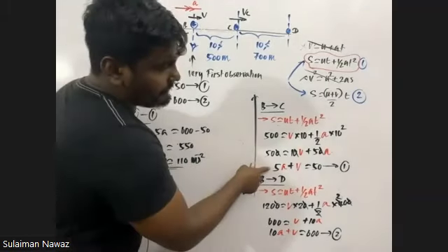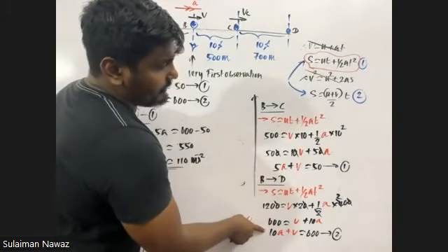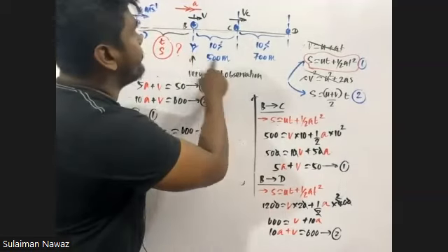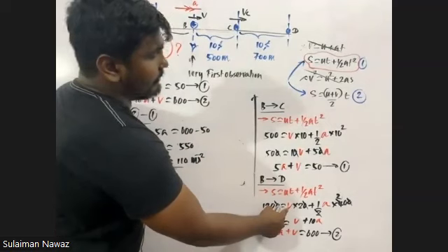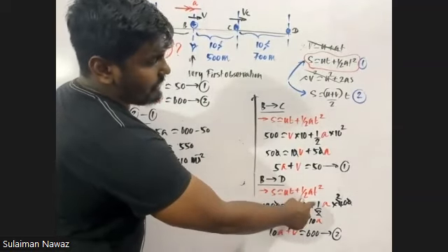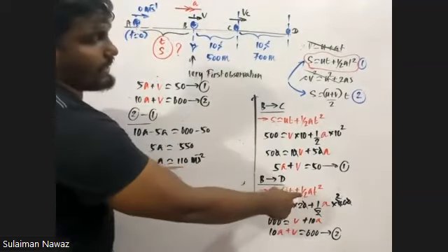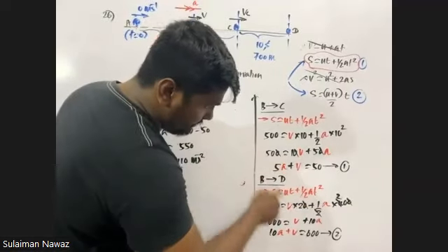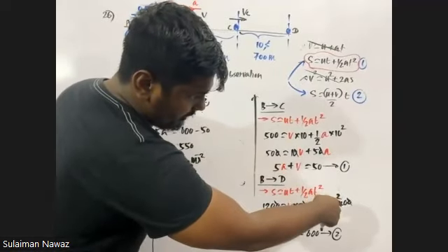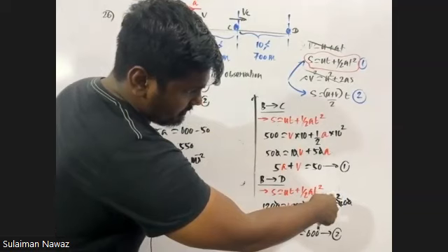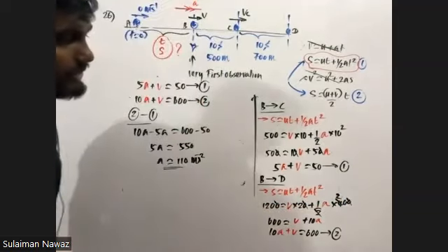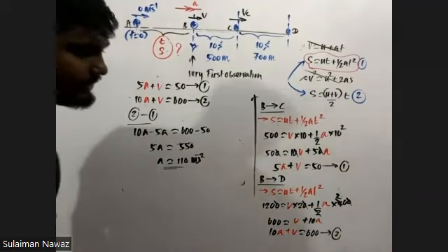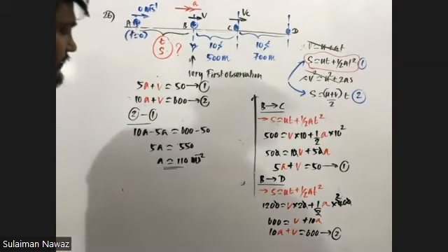Right, B to C is 1200, time taken is 20, acceleration 20 squared 400, there is 200. Yeah, it's correct.